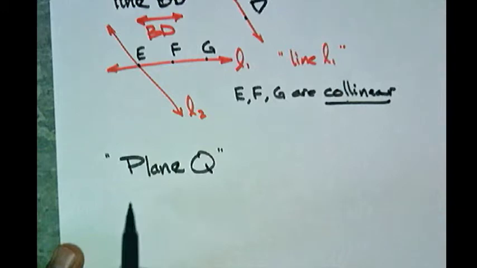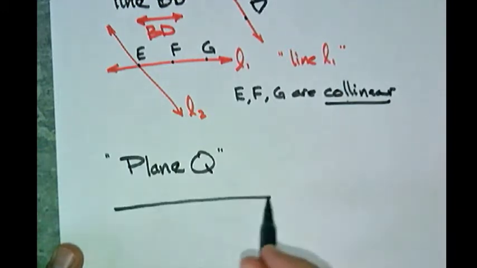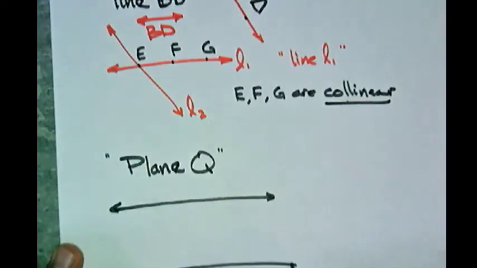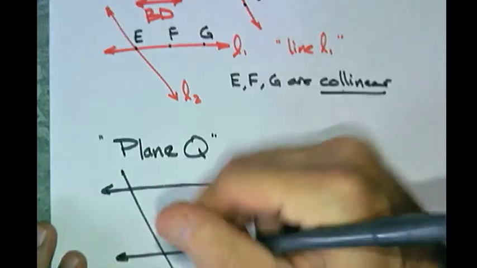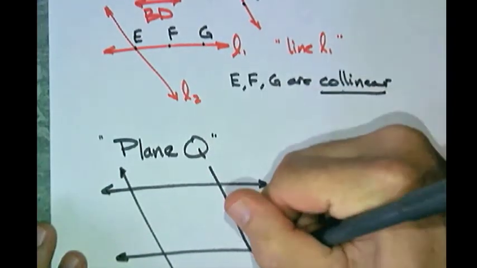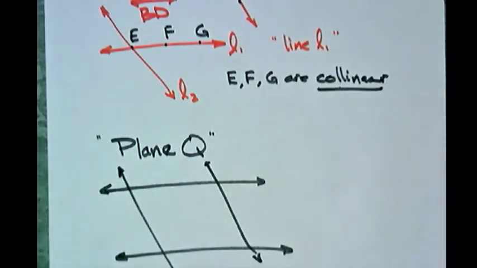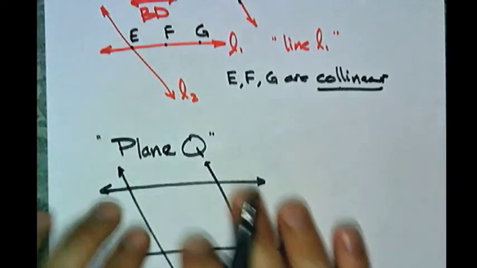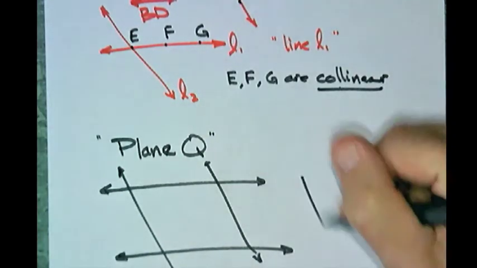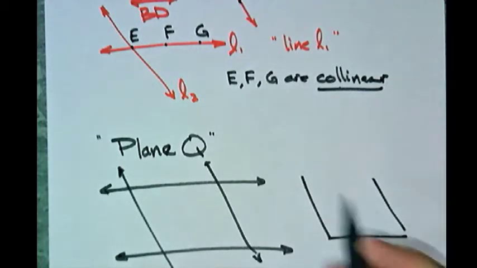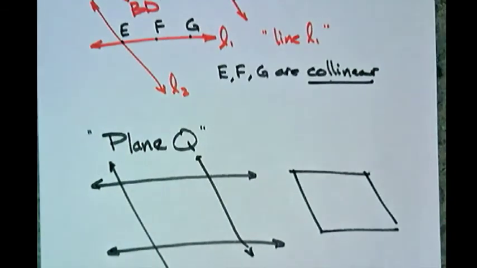Here's the weird thing. For planes, we make a picture that goes on this way forever, this way forever, this way forever, and this way forever. But it's flat, not bending, flat, but goes on forever and ever. So the picture is like this. Oftentimes, you don't see the 4 lines, you just see the middle part.